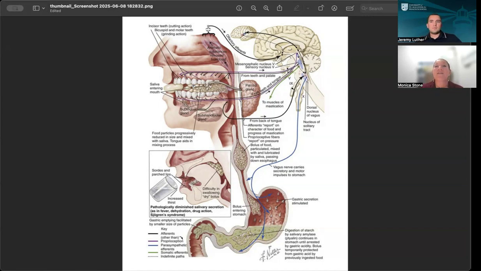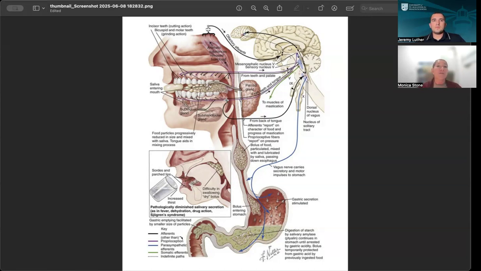Okay, so it's going to go into the pharynx, and our hyoid bone, which is located anteriorly here in our throat, is going to do what's called hyolaryngeal excursion. The hyoid bone is going to elevate, and the larynx is going to elevate. It's going to come anteriorly and superiorly, and it's going to pull with it the epiglottis. And what the epiglottis is going to do is close over the larynx.